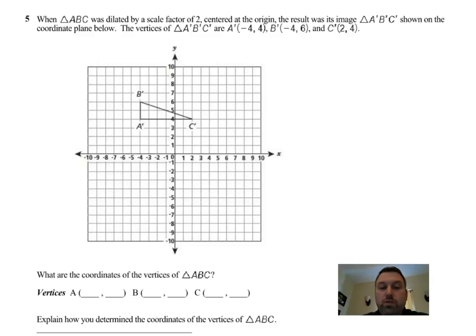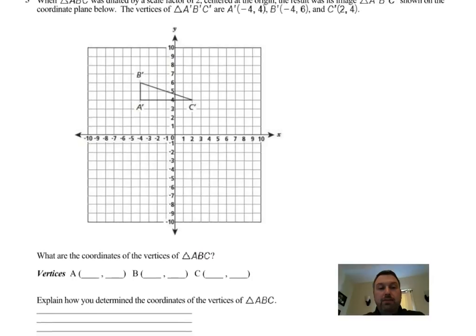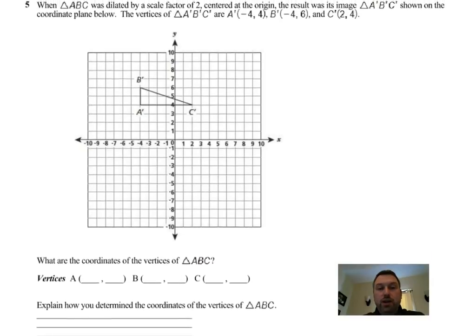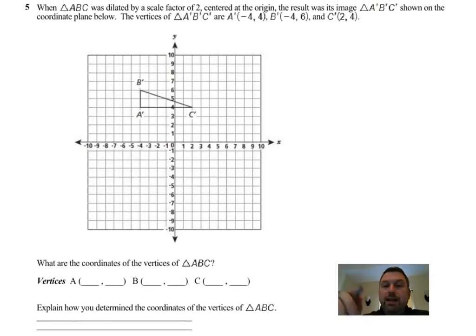So the question is, what are the coordinates of triangle ABC? Well, if I dilated ABC by 2 and got this triangle, I can take each of these coordinates and divide them by 2 and figure out where I started. So it's kind of like working backwards, which a good amount of you figured out.